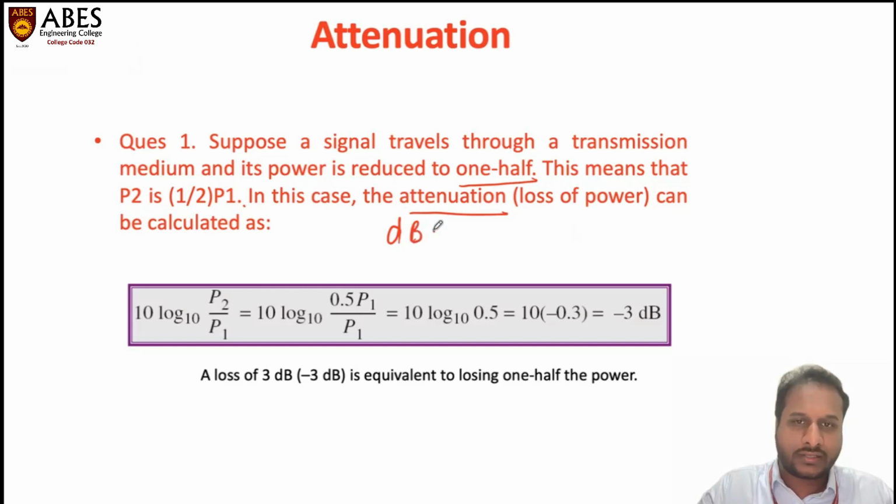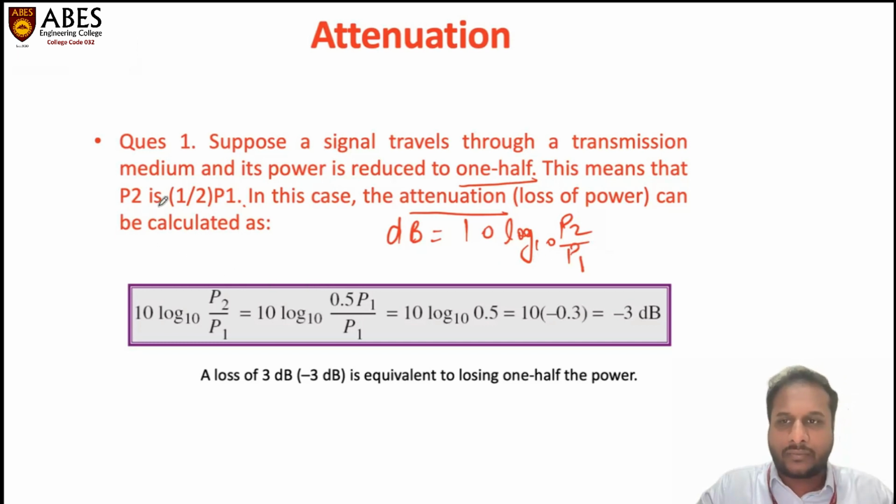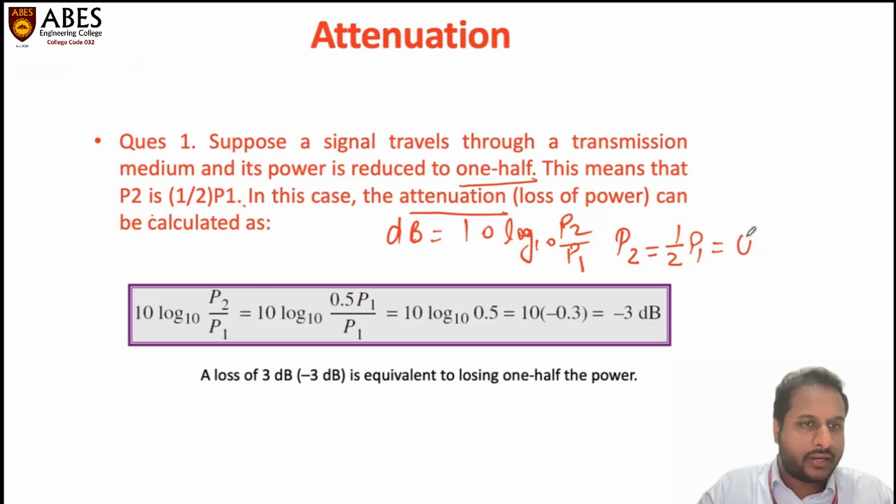The formula is 10 log base 10 P2 by P1. As it is talking about power, this formula will apply. P2 is equal to 1 by 2 P1, or 0.5 P1.